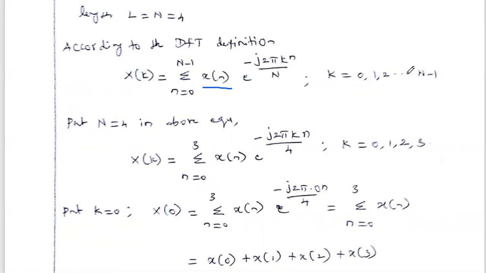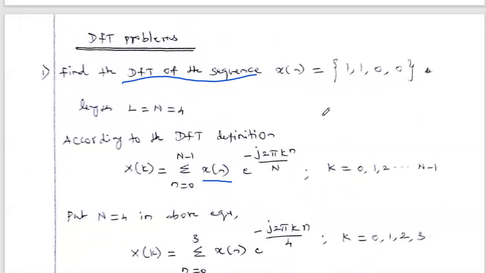What does capital N mean? That is the N-point DFT. The given sequence consists of 4 samples, so we have to calculate the 4-point DFT. The length of the input sequence is 4.